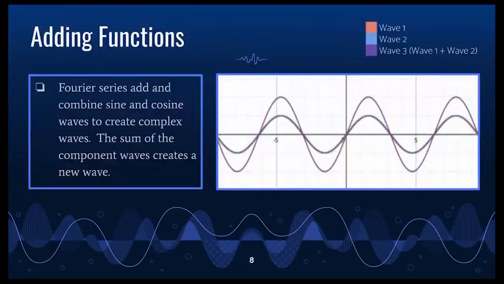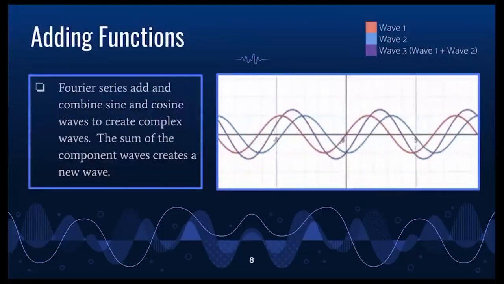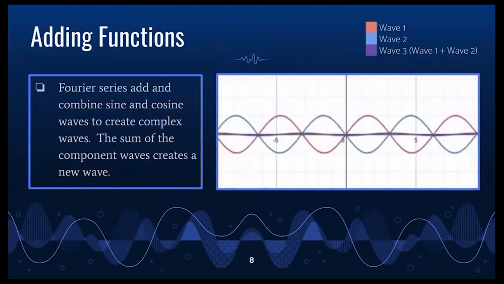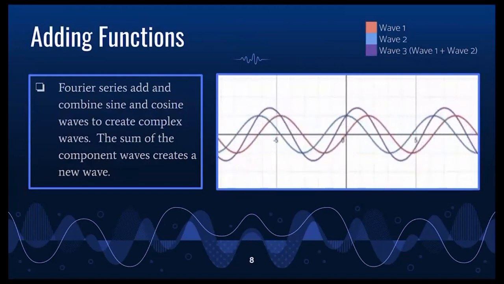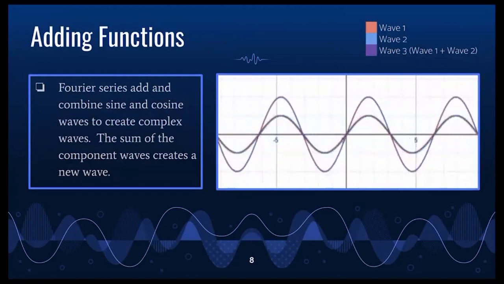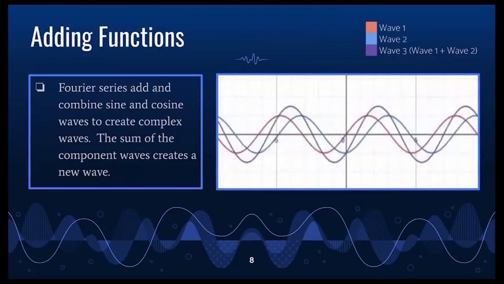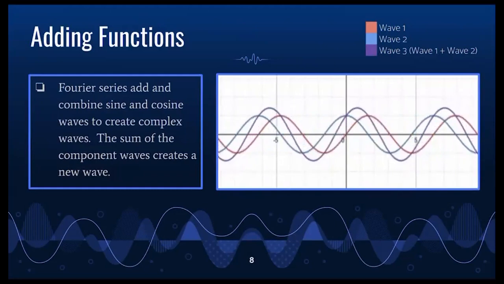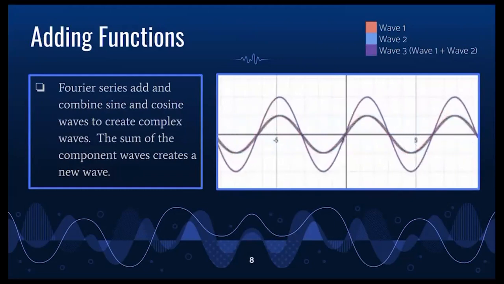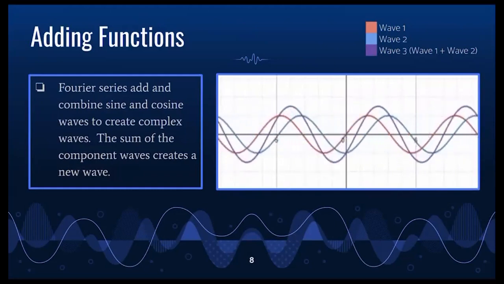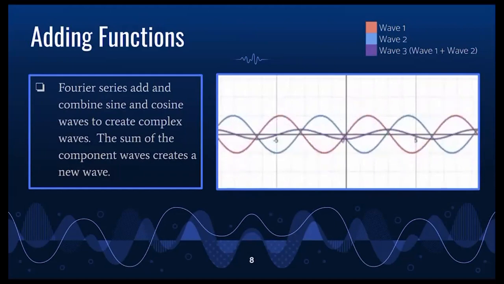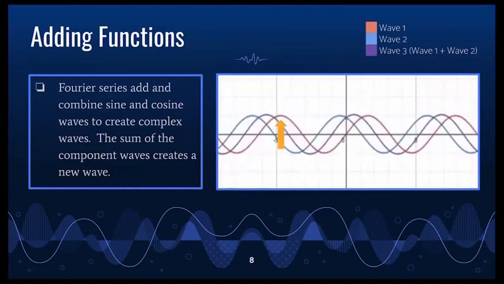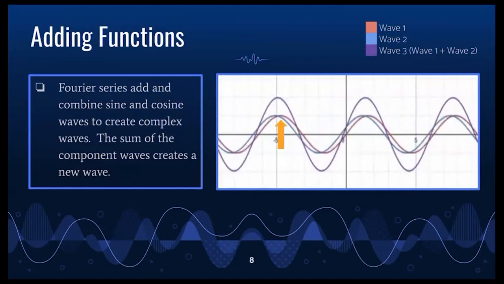So using that terminology we just looked at, we can combine sine waves and cosine waves to create more complex waves. So if you take a look here, we have this red function and blue function, and we combine them together to get this third one, the purple one. And when you look at these, we look specifically at this vertex.